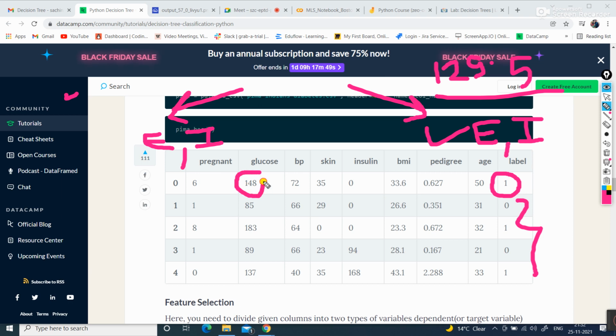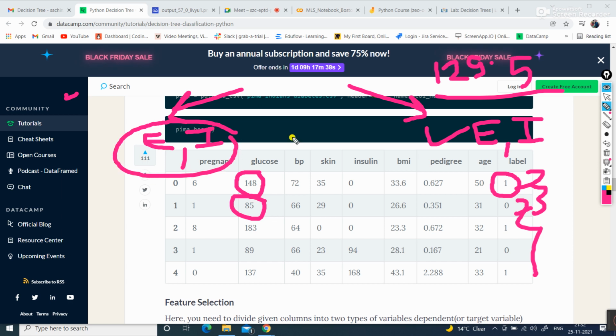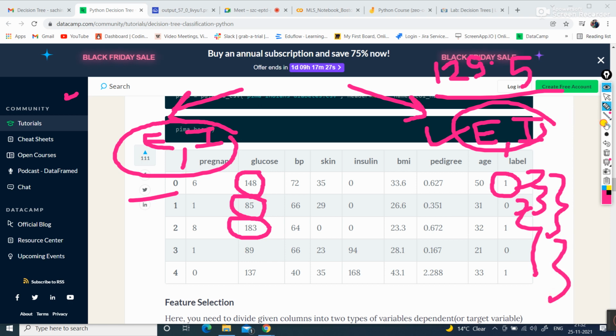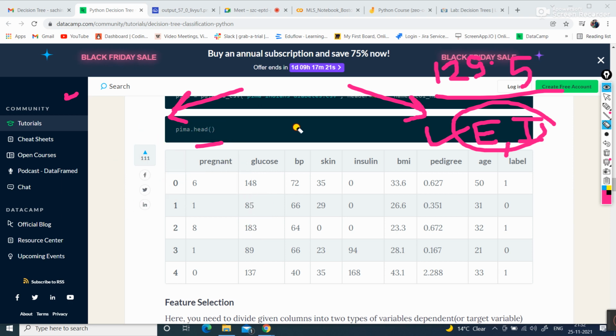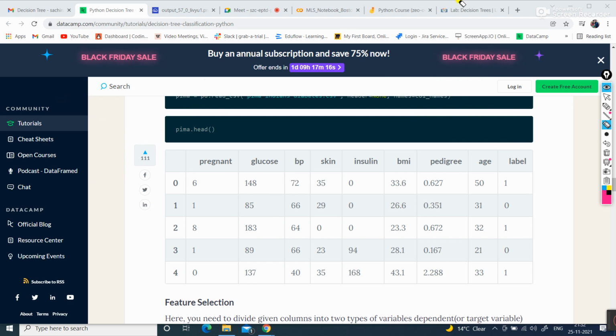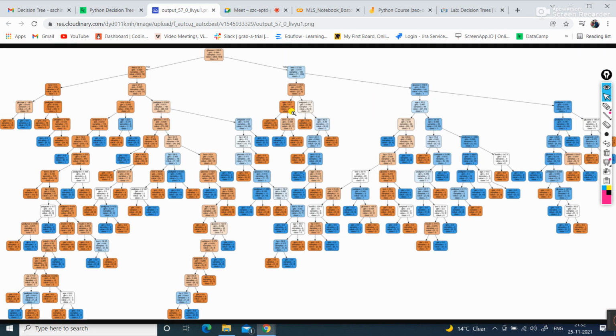Now they leave 148 and check 85. On the left hand side there are two data points, 1 and 0. They check entropy and information gain again. In the third iteration they take 183, with three data points on the left and the rest on the right. They keep doing that and calculate the one with the lowest entropy. So this is how.